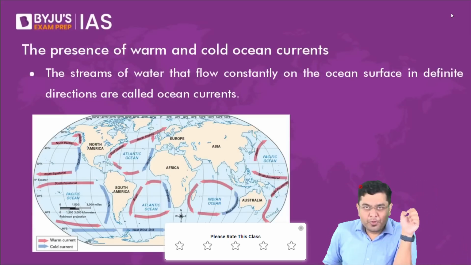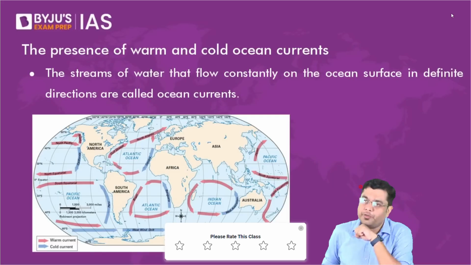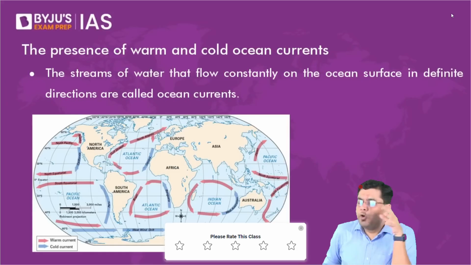Again, before we start to panic, ocean currents is something we will study in significant detail in the portion of oceanography. But what do we understand by ocean currents? All of you would have seen a river moving in a fixed pattern, in a fixed direction. There is a consistency of flow.